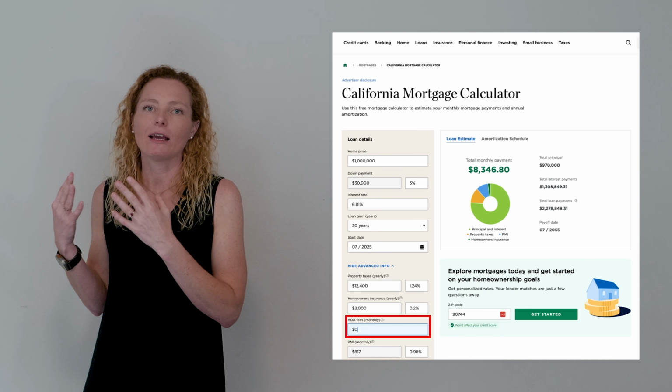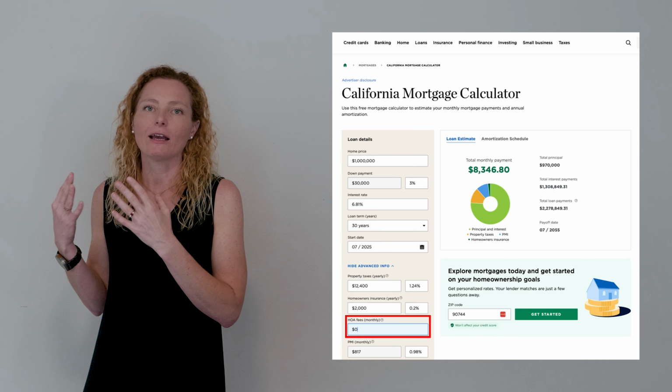The HOA collects money from everybody in the community to pay for those amenities and for the maintenance. HOA fees vary widely. I've seen anywhere from $50 a month to over $1,000 a month. It really depends on the community.